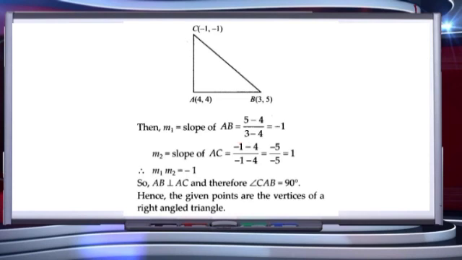Next the slope of AC. So M2 reduces to (-1 minus 4) over (-1 minus 4), that is -5 by -5, that is 1. So clearly we can see that M1 times M2 is -1, which implies that AB is perpendicular to AC, hence our triangle is a right angle triangle.